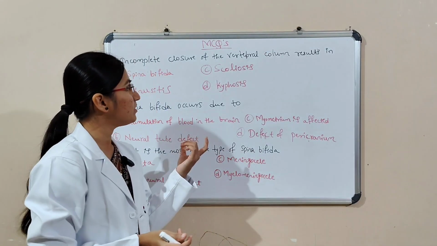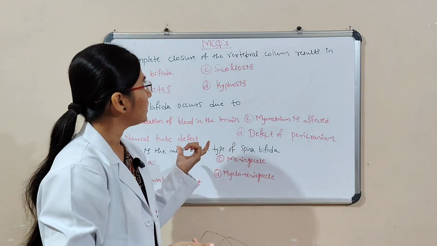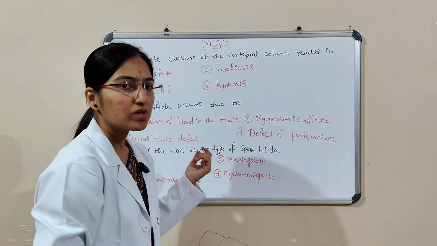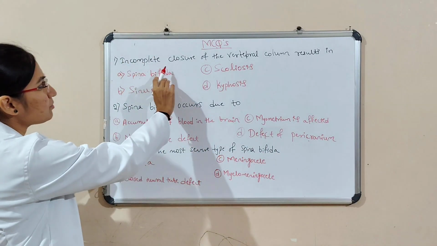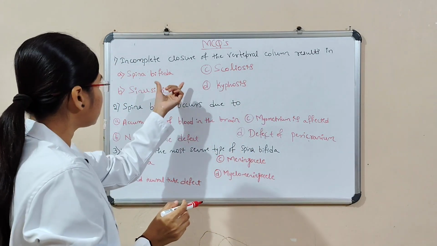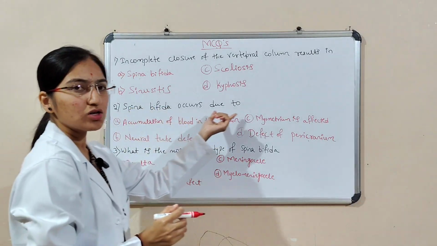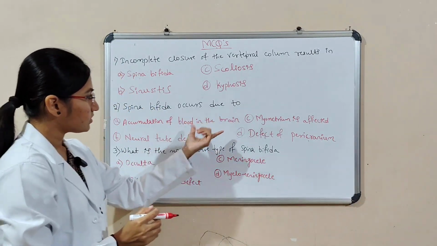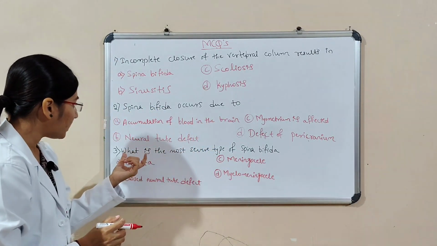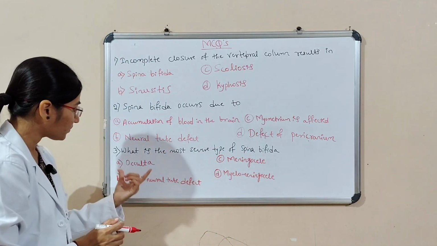After watching this Spina bifida class, I have given 5 MCQs, and you can let me know through your comments. First question is: incomplete closure of the vertebral column results in. These are the 4 options I have given. Then, Spina bifida occurs due to. Options you can select. And then, what is the most severe type of Spina bifida?